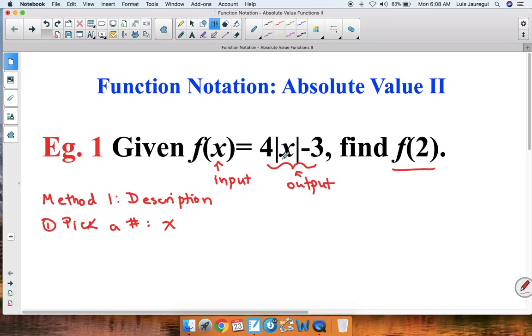Now, once you're given x, the first thing you're going to do to it is to take its absolute value. So step 2, take its absolute value. Thus, you get absolute value of x. Now, the next thing you're going to do is to multiply that by 4. So that's step 3, multiply by 4.